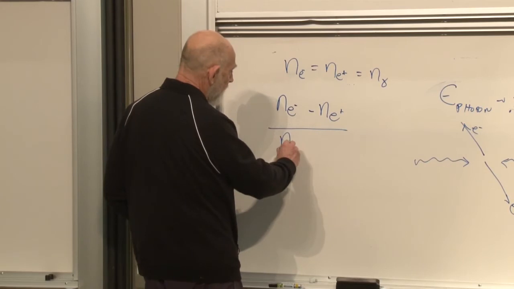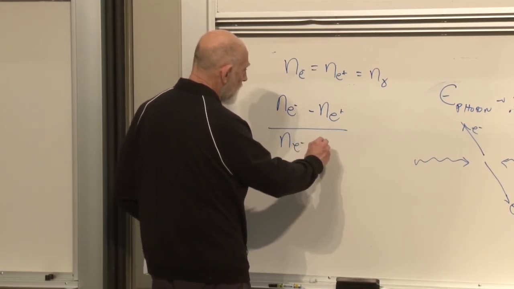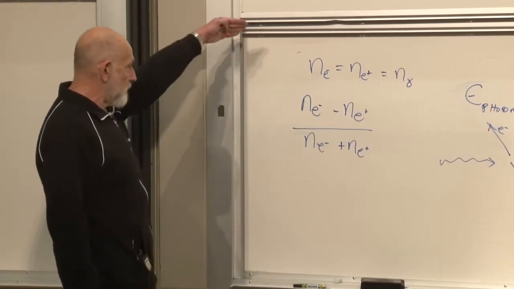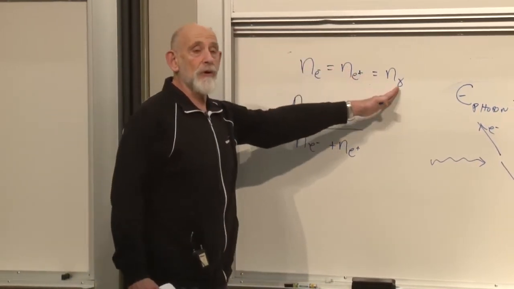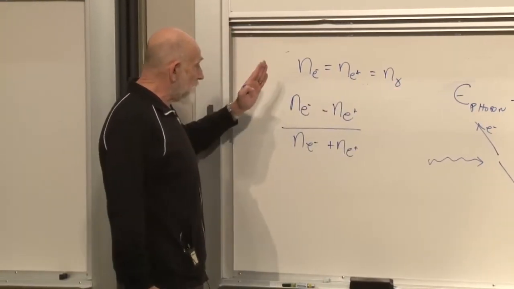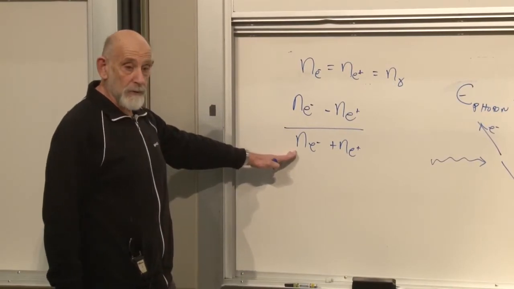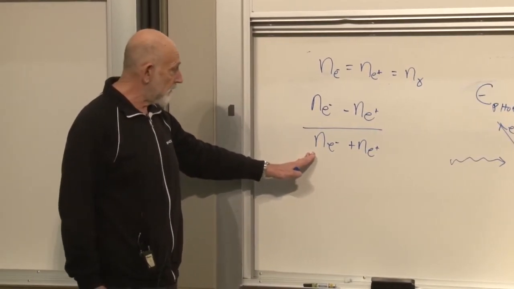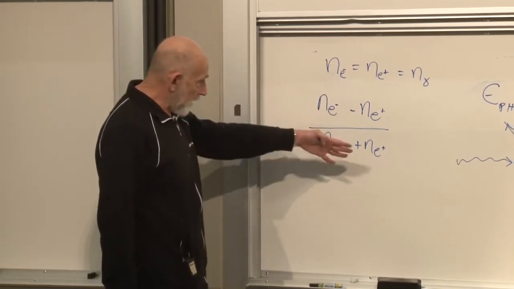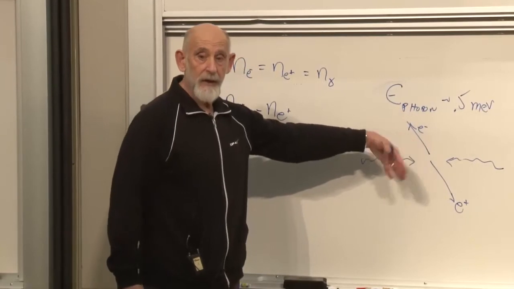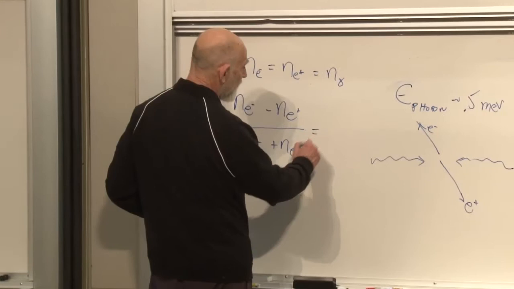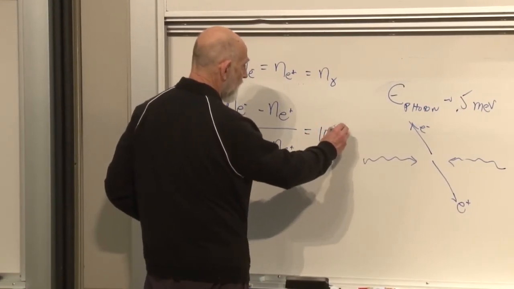And if you divide that by the number of electrons plus the number of positrons, well, the number of electrons plus the number of positrons is basically of the same order of magnitude as the number of photons. But the number of electrons today in ratio to the number of photons is 10 to the minus 8th. So this number is believed, at the time when the universe was hot enough to create lots of electrons and positrons, to have been about 10 to the minus 8th.